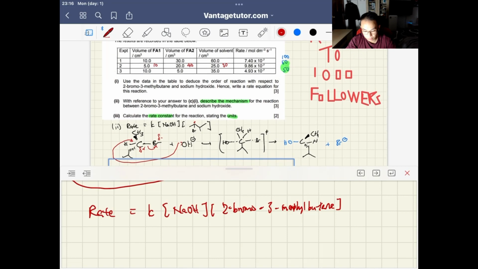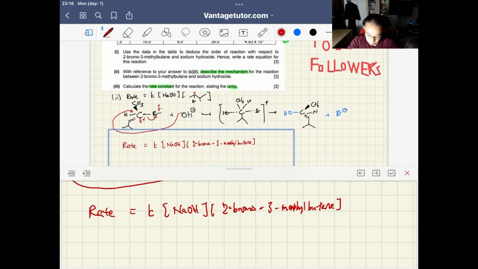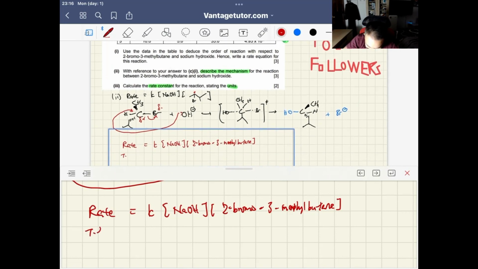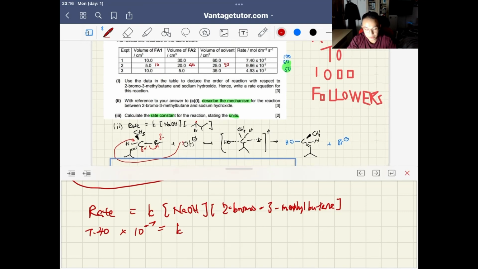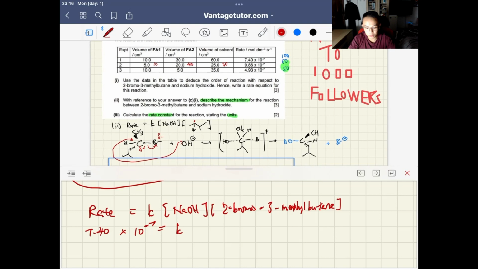For me, I think I prefer experiment 1. Doesn't matter which one you pick, so it's just 7.4 times 10 to the power of -7 equals to k. And then now I'm doing my concentration. So as I know, my concentration is proportional to my volume. However, at the same time, my total volume of the mixture should come into play in terms of determining my final concentration.